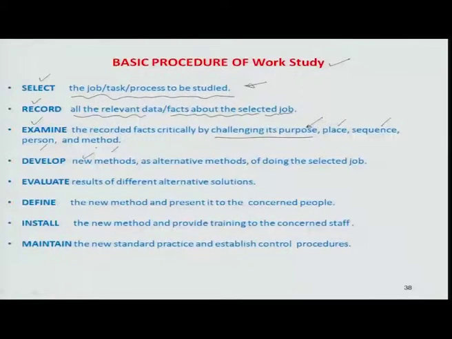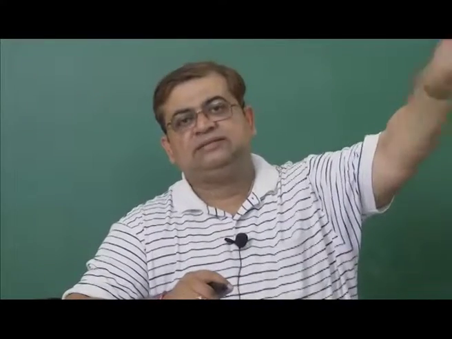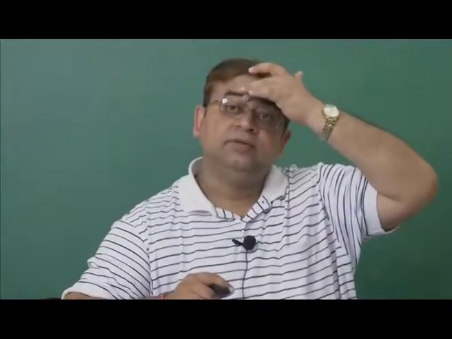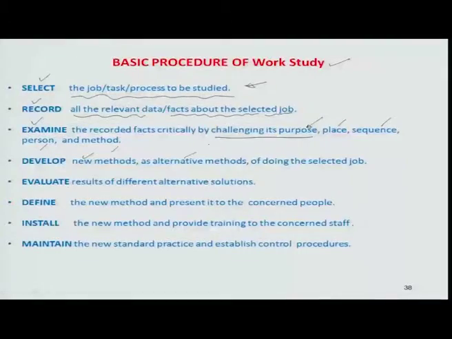For example, looking at a certain task structure, you can say that, okay, this task structure seems to be very wasteful, let us develop an alternative structure like this, where there is some difference between the previous task structure and the newly developed task structure in terms of reduction of wasteful motions, or even reduction of time scales associated with the overall task, etc. And so this new alternative, if it works out well, can be treated as a standard job description or process description for that particular task. And in this manner, for all the 100,000 tasks or more which is there, you do such development of alternate methods.